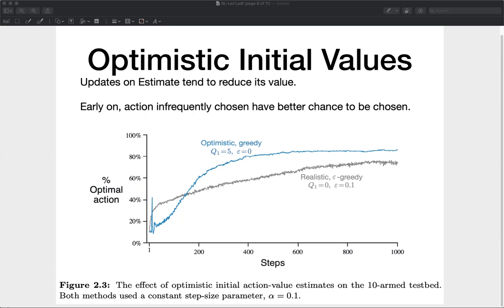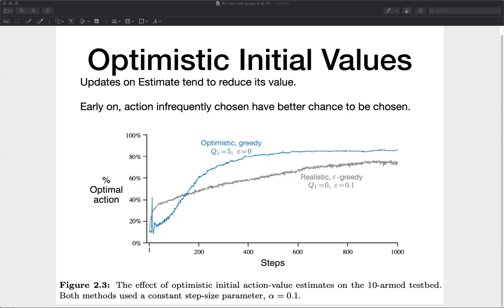What that means is that every time you sample an arm, the return you get is probably going to be less than your current value. Say that you set it to 100, you pull the arm and you only get 2, right? So when you're updating your average, that's going to tend to reduce its value.